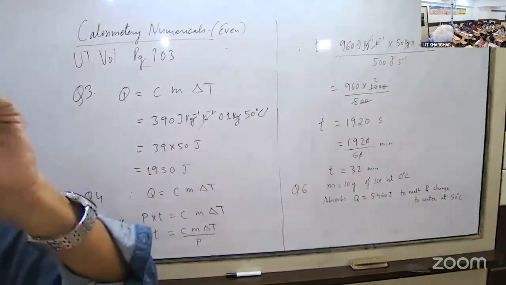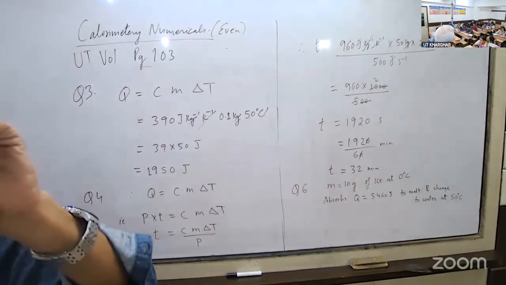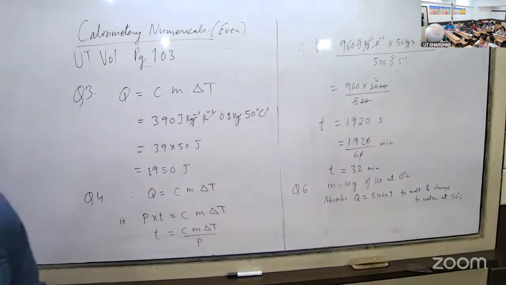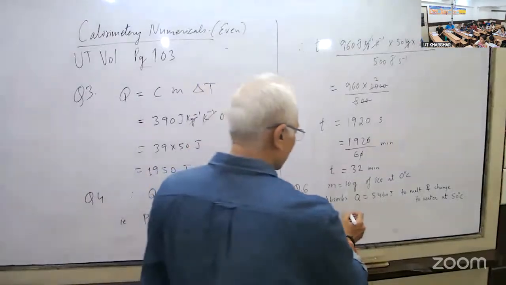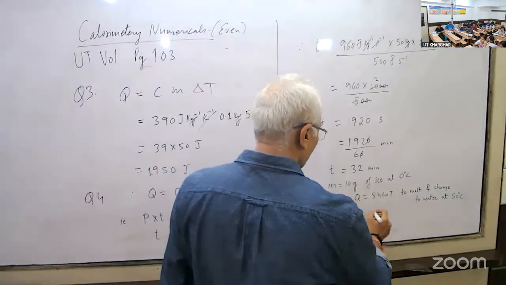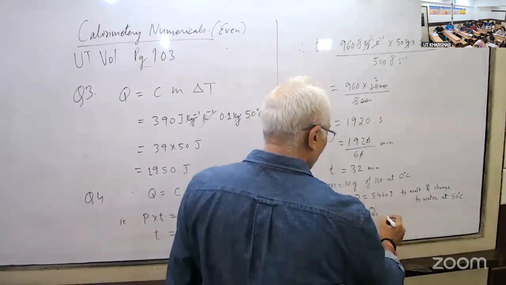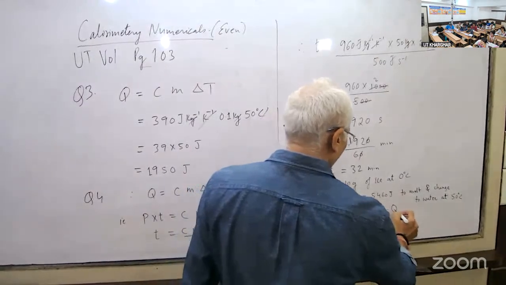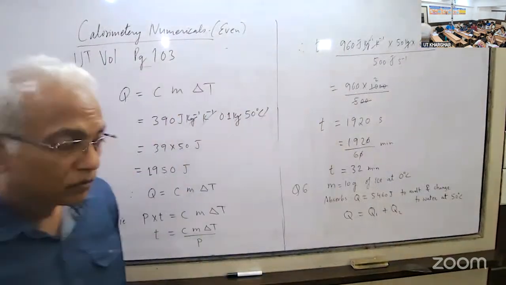So how many heat components here? 2. Okay. So basically heat supplied is equal to Q1 plus Q2. What will be Q1?